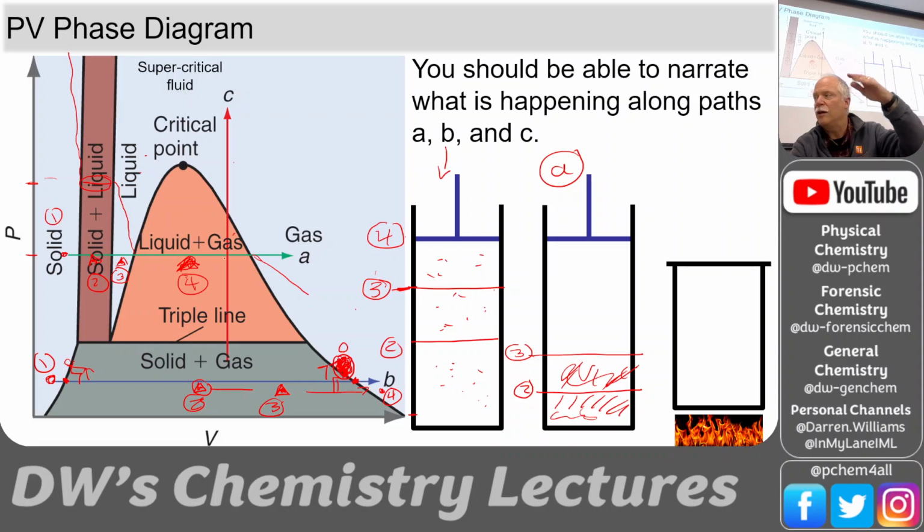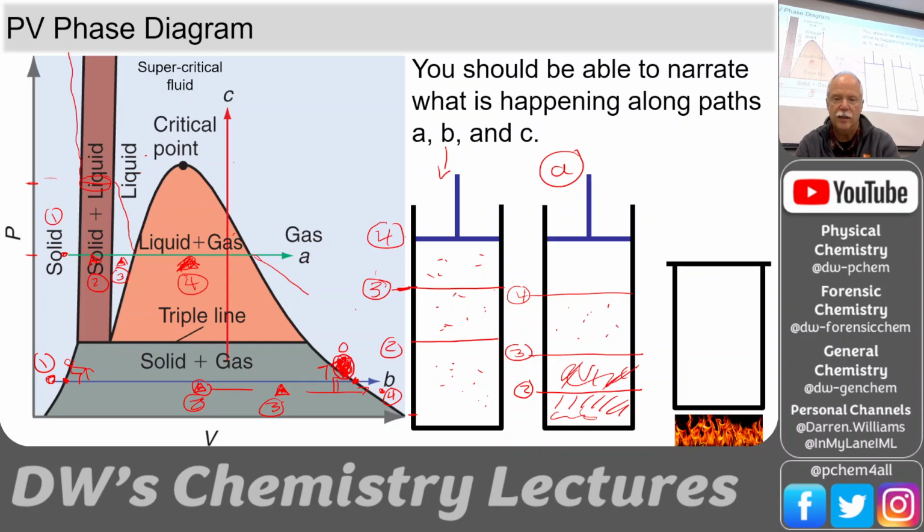But you have to think about Mile High, Denver, right? The boiling point is lower because the external pressure is lower. And so it's a logarithmic relationship. So the pressure has a decent impact on the temperature. And so at 4, we've now got some liquid and some gas. So we've got liquid.